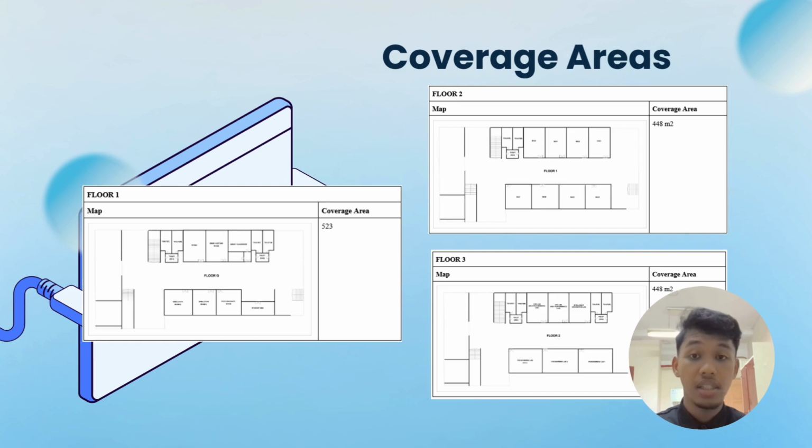The challenges in coverage are physical obstructions, such as walls and furniture, which can weaken the signal strength. Interference from other electronic devices can reduce network efficiency. We address these issues by strategically placing access points to minimize those zones.